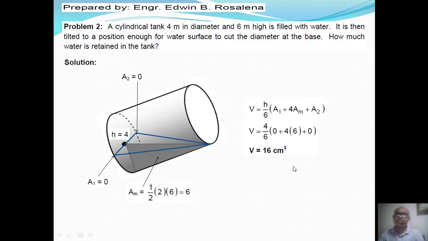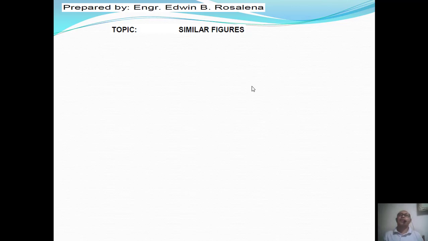So we have 16 cubic meters. Erase the c, because the unit is meter, so 16 cubic meters. Okay, so that is about the Prismatoid. Now we have similar figures. As you recall, we have similar figures in our plane geometry.